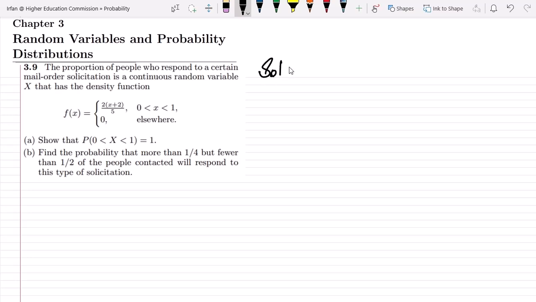So let me first solve part A. We have to find the probability in the range which is given.